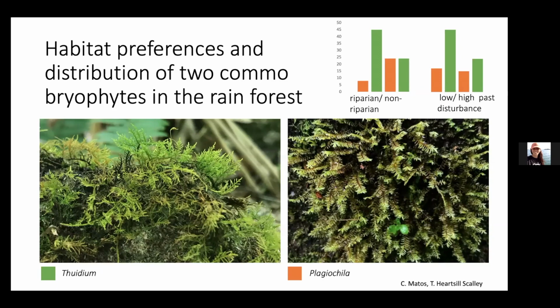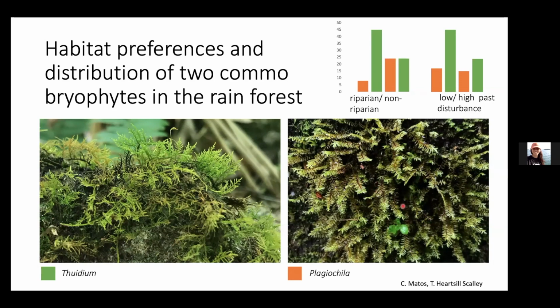So with a student last year, we were looking at the habitat preferences of two bryophytes in the rainforest, and they are Tuidium, this moss here, and Plagiochila, this one here.